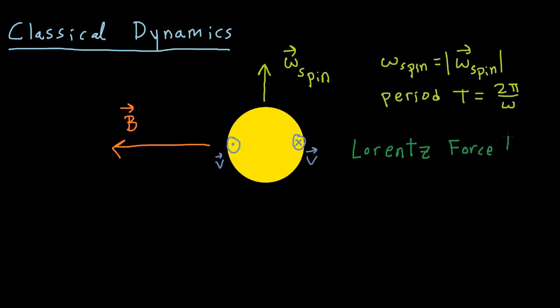The Lorentz force law says that the force that a magnetic field makes on a moving charge is equal to q, the charge, times the velocity v at which the charge is moving, cross product with the magnetic field B.